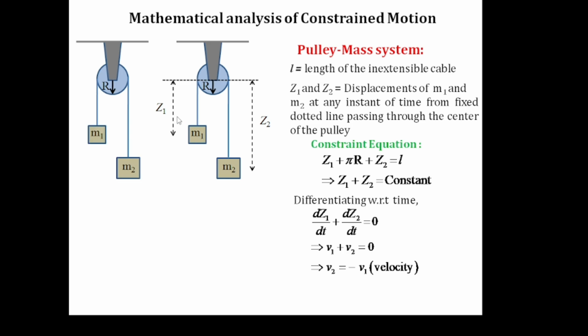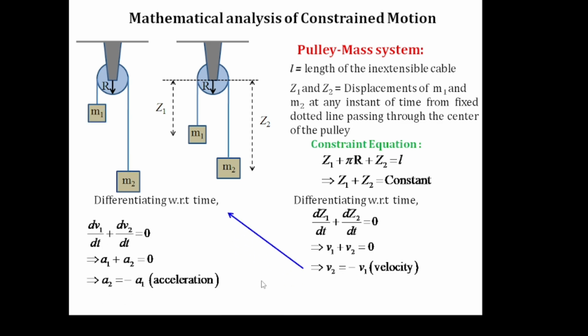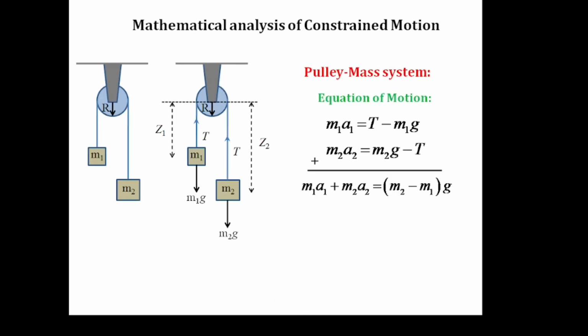That means when Z1 decreases, Z2 increases its value, and total Z1 plus Z2 is constant. So differentiating with respect to time, we get V1 is equal to minus V2, and differentiating again with respect to time, we get A1 is equal to minus A2.